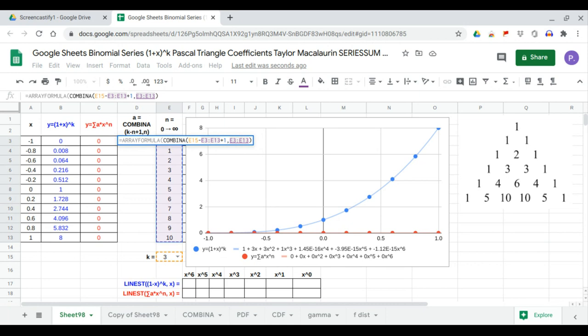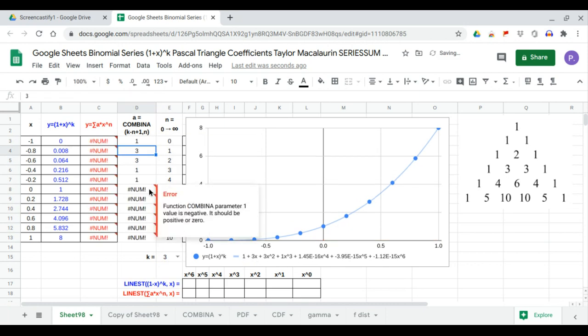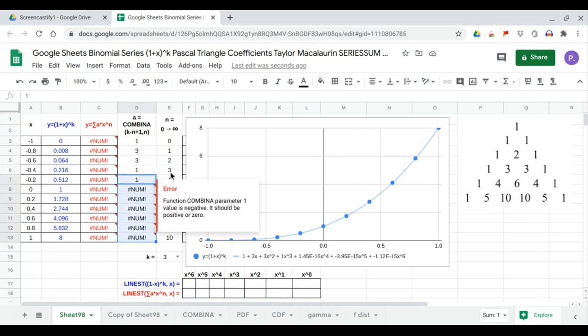That's inside the COMBINA. So we have an error. This should be 0, because this is good only if k is 3. If it's greater than 3, it should be 0. So we have to correct this.